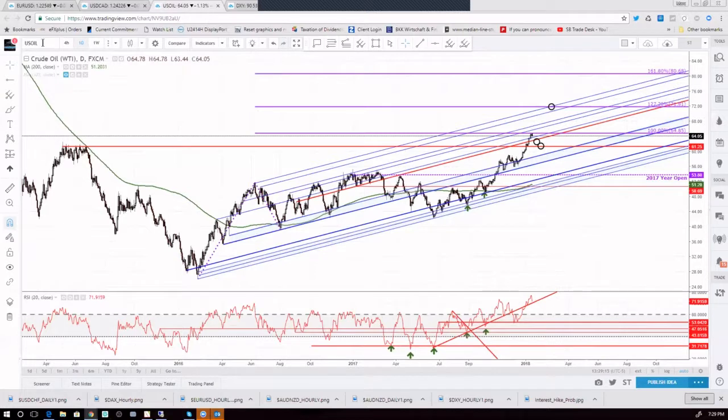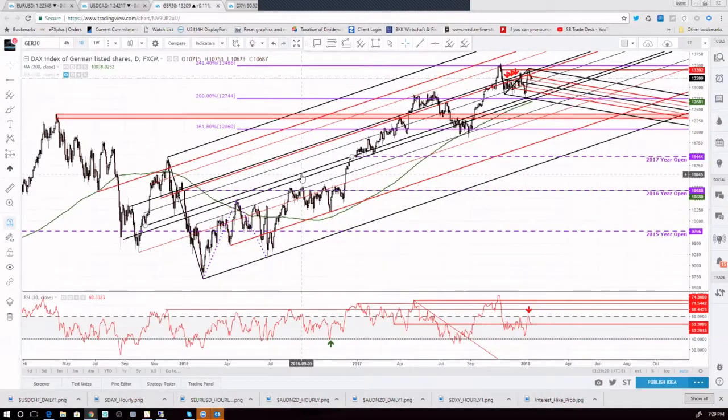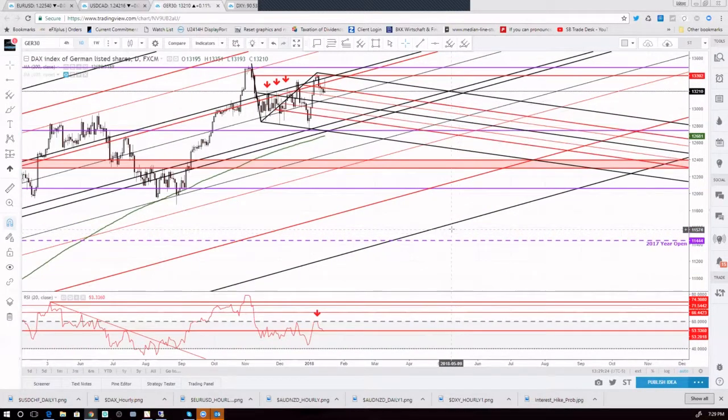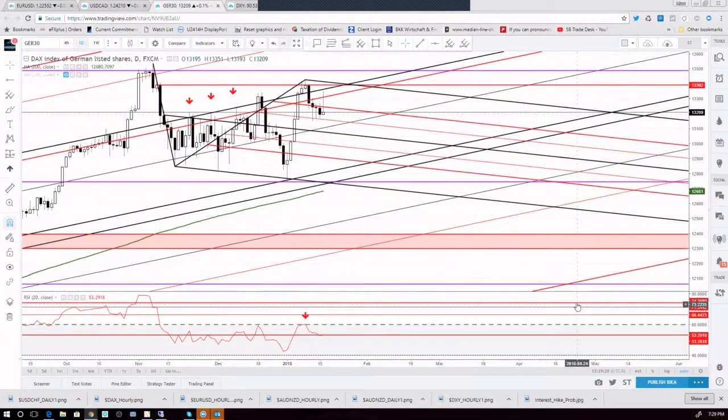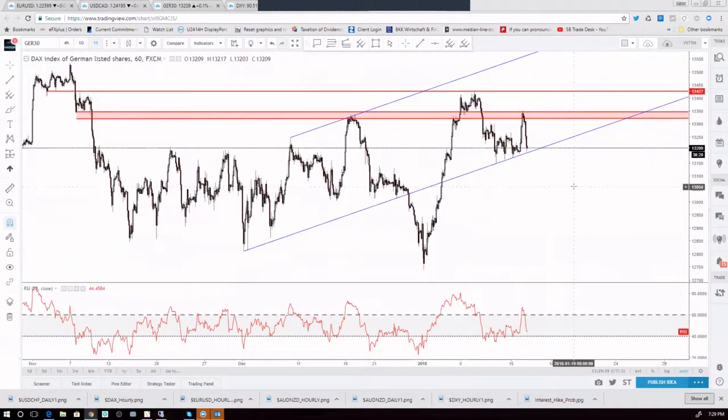A quick look at the DAX, because the US indices keep making higher highs, and the DAX had a spike up today, got rejected, and maybe we'll close lower. I got this hourly chart here. We do need to close lower.